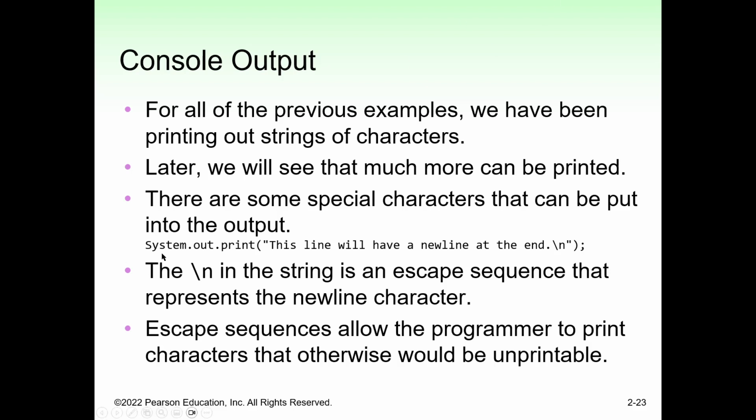So in this case, we can still use our print, right? That is not going to take our cursor to the next line. However, we can add an escape sequence at the end that's going to be \n, and \n just means that you want your cursor to be moved to a new line at the end of your sentence.